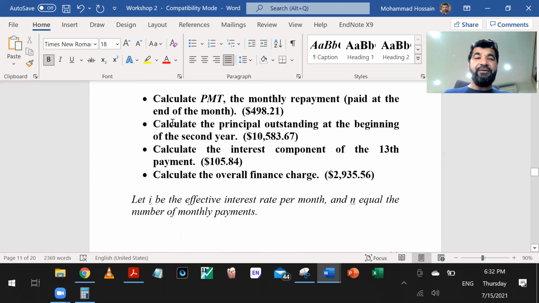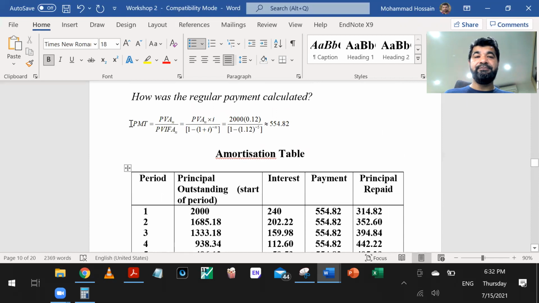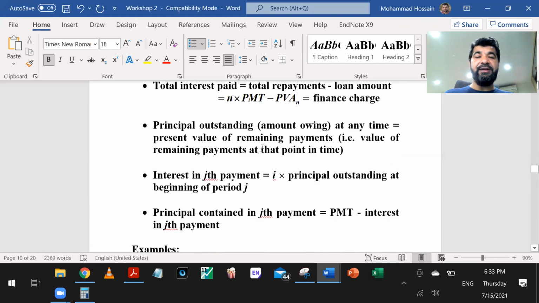Calculate the principal outstanding at the beginning of the second year. Calculate the interest component of the 13th payment. Calculate the overall finance charges, how much interest we have paid. So there are four things we're going to do here. How to calculate the payment? Same thing we're going to apply.